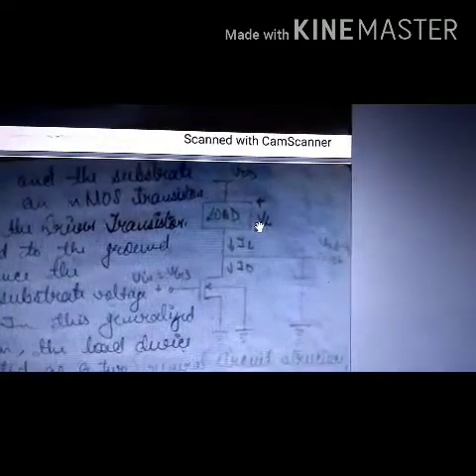In this generalized representation, the load device is represented as a two-terminal circuit. This may be a resistor, a depletion mode NMOS, or a PMOS. So this device is shown in a very generalized form, represented as a two-terminal device.